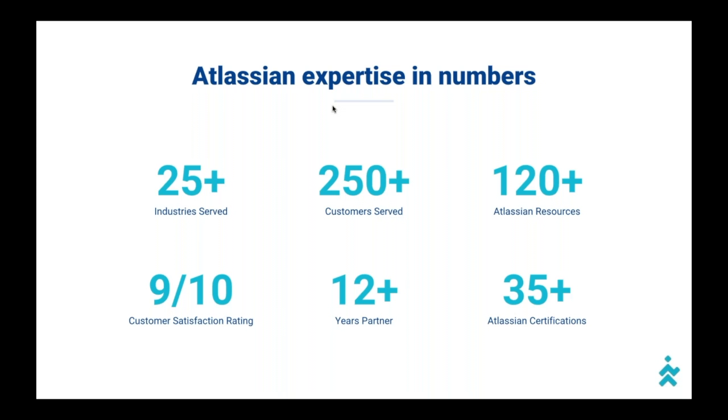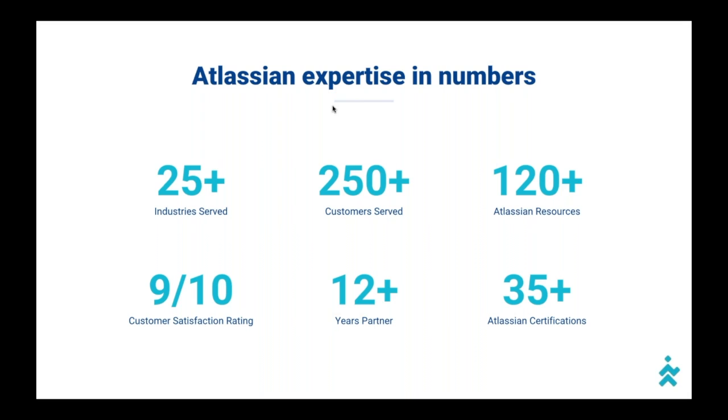Okay, this is just a little bit about the numbers of eCore. Different customers with different approaches, with different industries, like we are showing here, different customers, Atlassian resource. So we are a huge team. We are not only 1, 2, 3 people working in the Atlassian partner eCore. We are a global company, and our main focus is to bring the Atlassian experience.